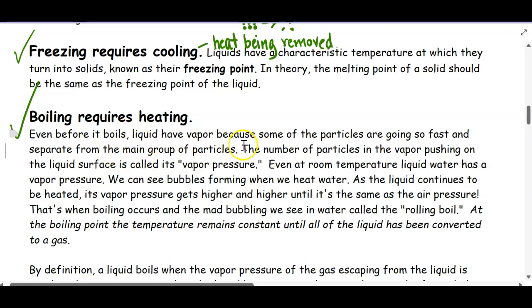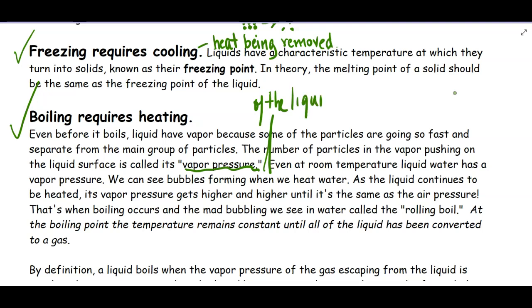So we call them vapor. The number of particles in the vapor that are pushing on the liquid surface is called the vapor pressure of the liquid. Vapor pressure, all right, of the liquid. I know it's an odd term, but you know that vapor means gas, right?